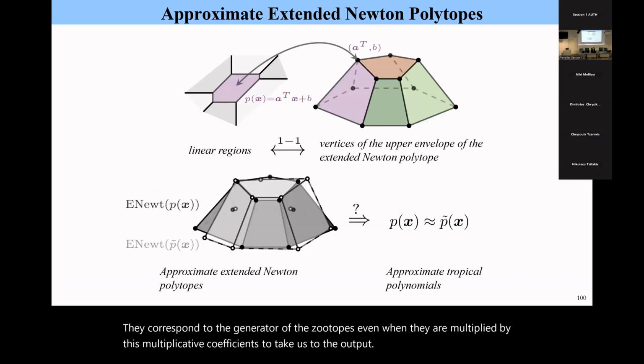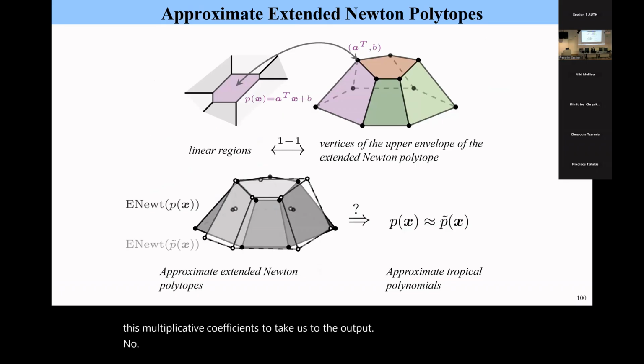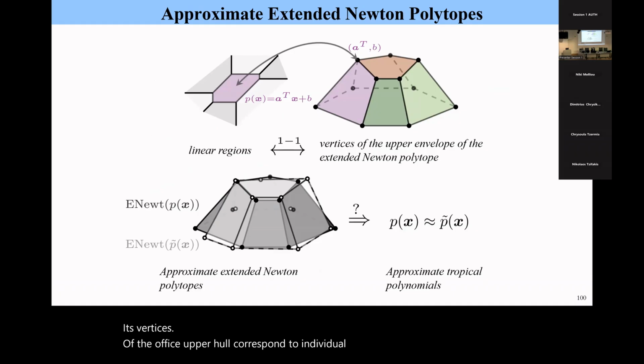Now, we have the extended Newton polytope, and the vertices of its upper hull correspond to individual terms in these tropical polynomials.